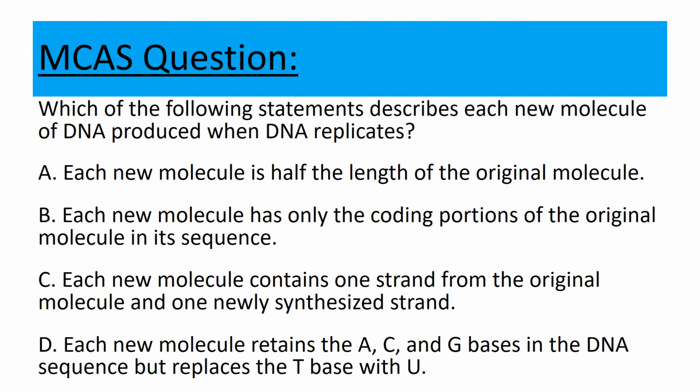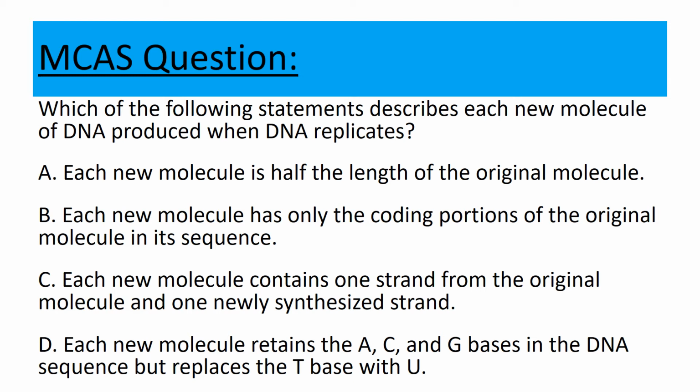Which of the following statements describes each new molecule of DNA produced when DNA replicates? Remember, when DNA replicates, we take the double strand of DNA and we pull it apart. And the new DNA molecules will each have one of the original strands, but they'll also have a new complementary strand. So, A, each new molecule is half the length of the original molecule.